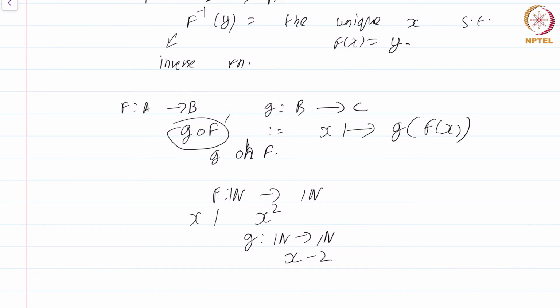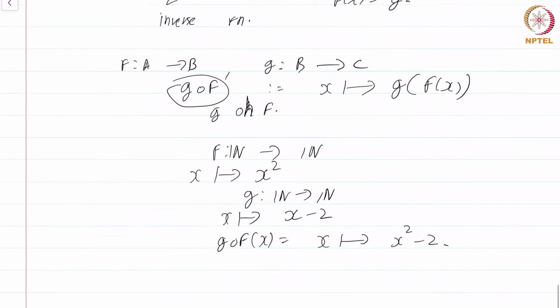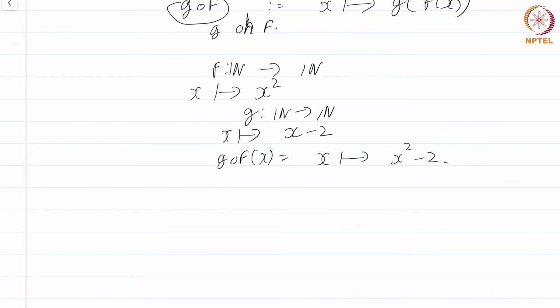Okay, so this is x goes to x squared, this is x goes to x minus 2. Then g∘f of x is nothing but the function x maps to x squared minus 2. Okay, you first apply the function f and then apply the function g.